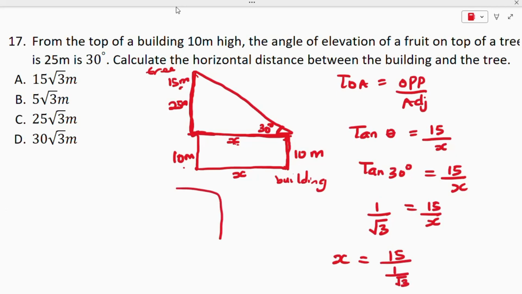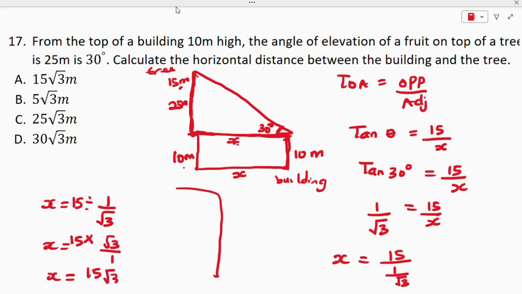So x is equal to 15 times root 3 divided by 1. So x is equal to 15 root 3 meters. Okay, so we have been able to calculate the horizontal distance, and from the options we have A to be the correct answer. All right, so this is how you can solve this question right here.